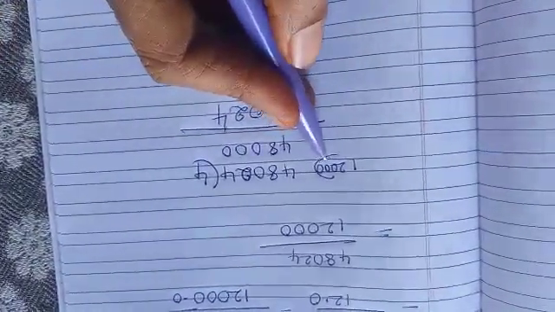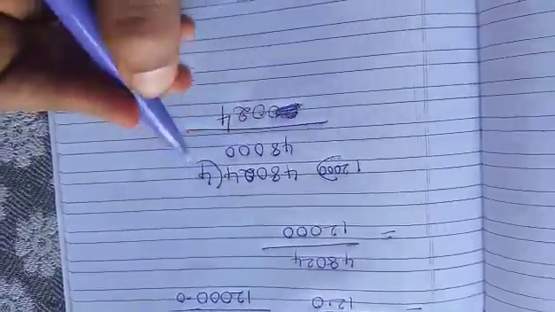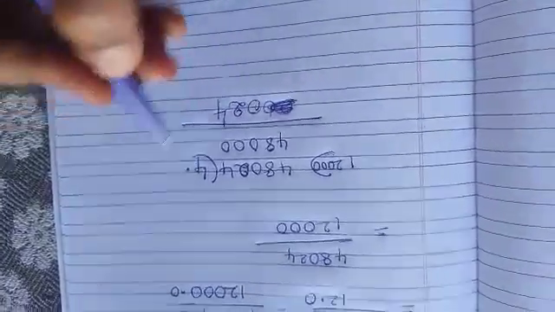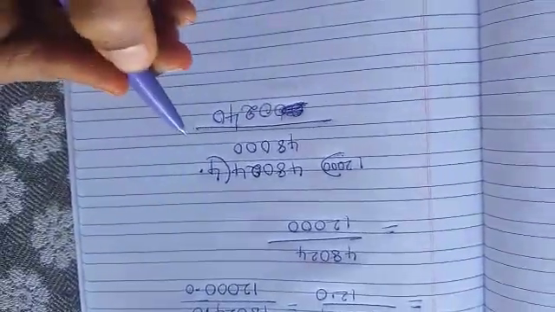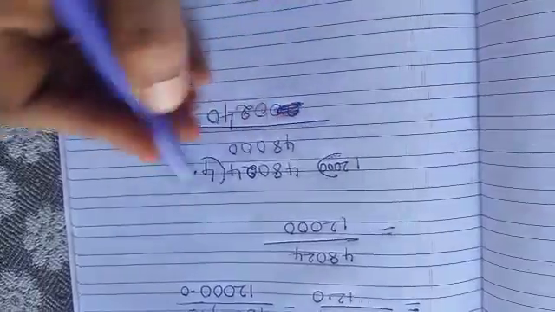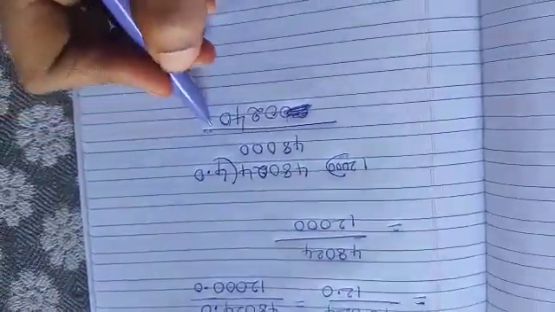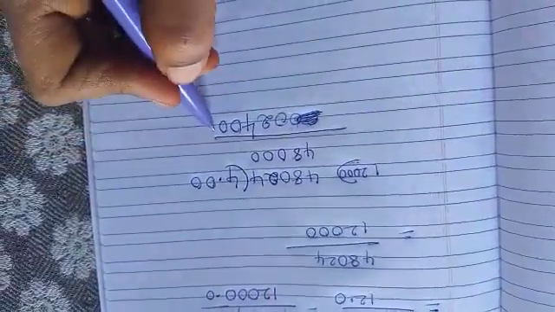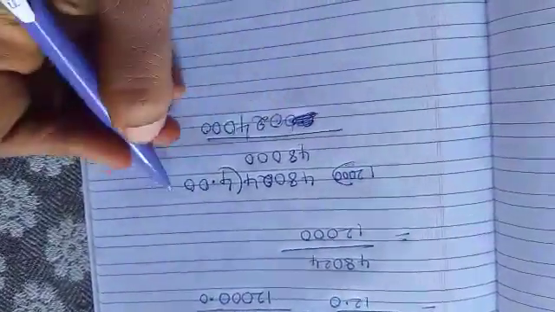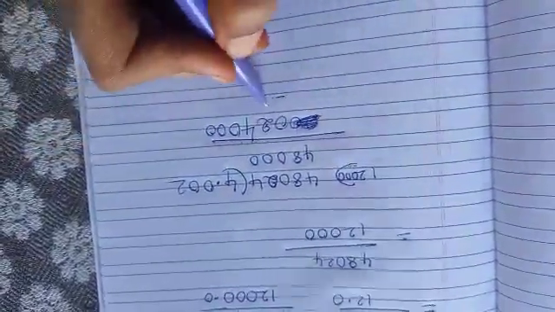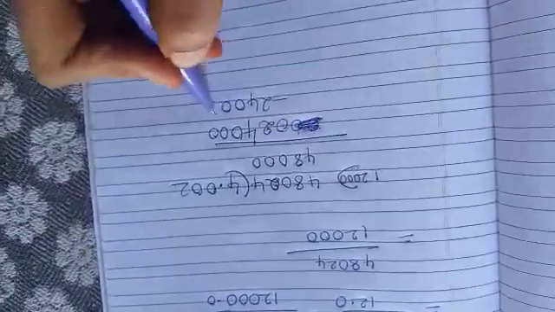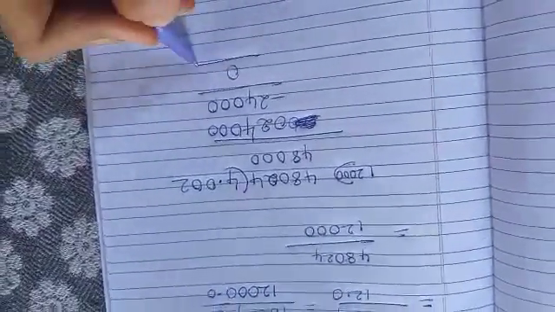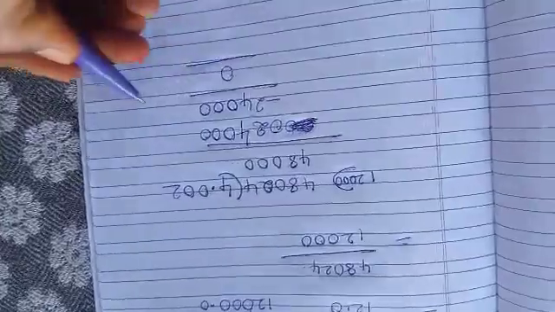But here there are 3 zeros. So put 1 point and write 0. We want 2 more, so put 1 0 here and write 1 0. Again put 1 0 and write here 1 0. Now this is 2 times. So 24,000 minus 24,000 is 0.